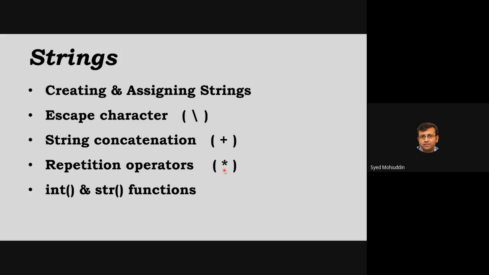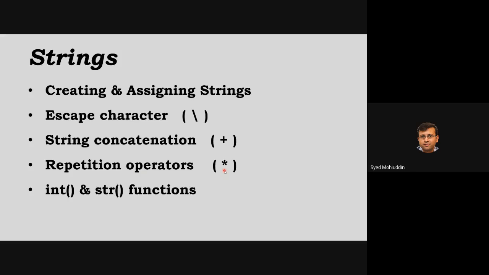The next thing we have is two functions, str function and int function. Str function is used to create strings, as well as the same function can be used to convert a value to a string.